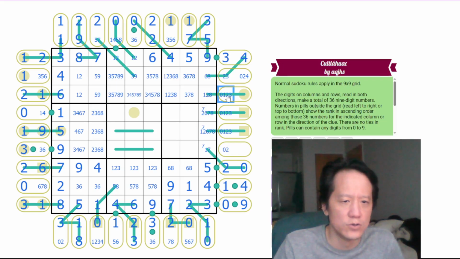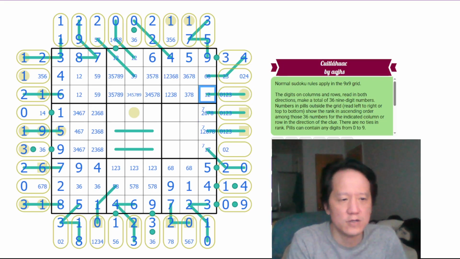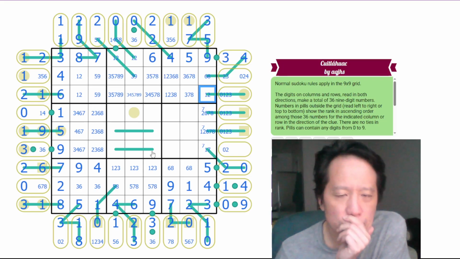Okay, so 8 would have to be with 30-something. And the problem with that is that we already have 31 here, and that leaves only 30 and 32 as the possibilities, and this must be odd. So this cannot be 8 here. This is 1 or 2.